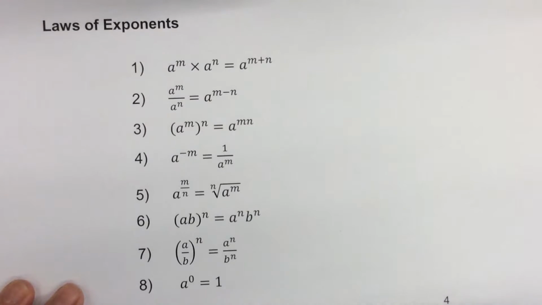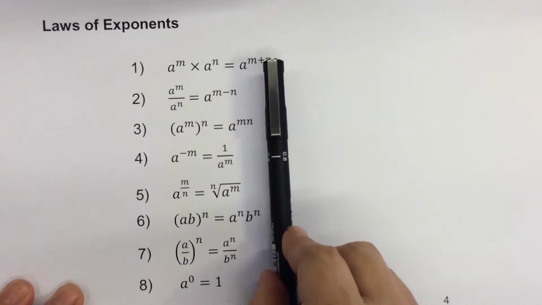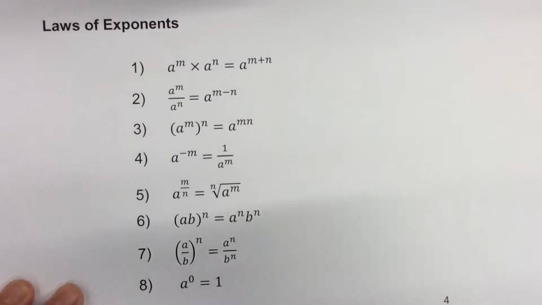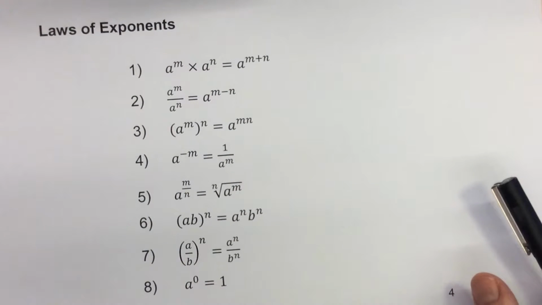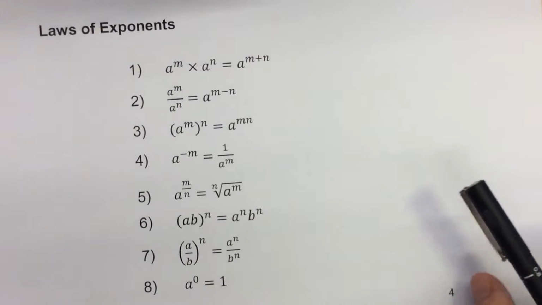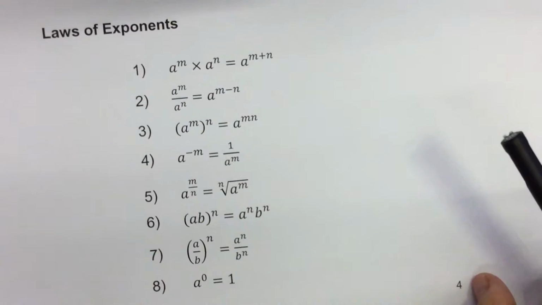What's important to remember is that you have to be able to recognize and use these laws from left to right and from right to left. Again, these are your tools to simplify algebraic expressions. Next we are going to apply these laws of exponents. So have these laws in front of you and follow my examples.